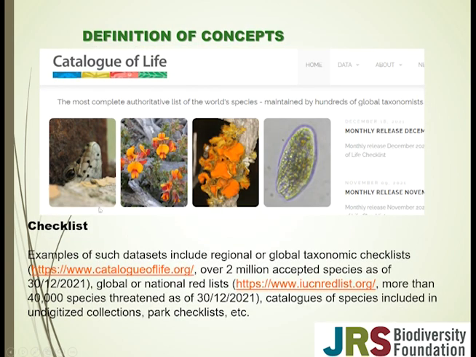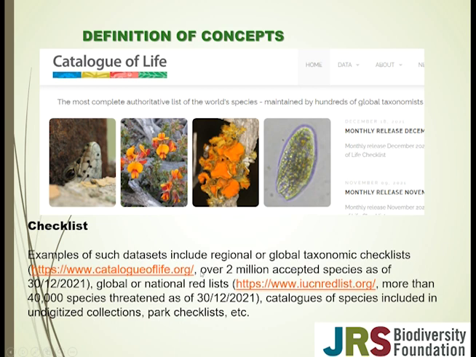an example of such lists is the Catalogue of Life, a regional or global taxonomic checklist. On the Catalogue of Life, over 2 million accepted species, as of 30 December 2021, when I was preparing this course.